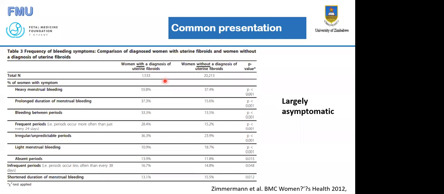He noted that women with fibroids are more likely to have heavy menstrual bleeding, prolonged duration of menstrual cycles, bleeding between periods, frequent periods, irregular periods, light menstrual bleeding, absent periods, infrequent periods and shortened duration of menses. So in other words, fibroids cause menstrual disorders.